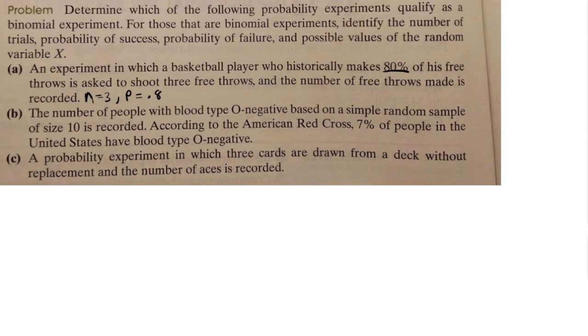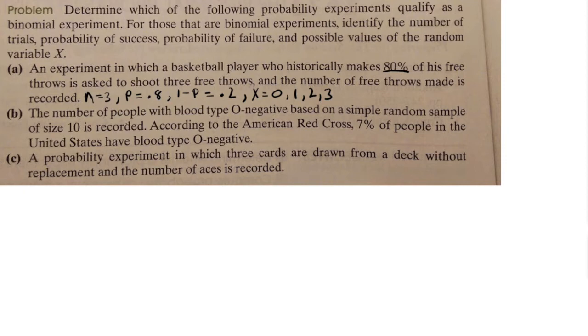So the probability of failure, 1 minus p, would be 1 minus 0.8, or 0.2. And then what are the possible values for x? Well, he could make no free throws, he could make 1, he could make 2, or he could make 3 out of his 3 tries.